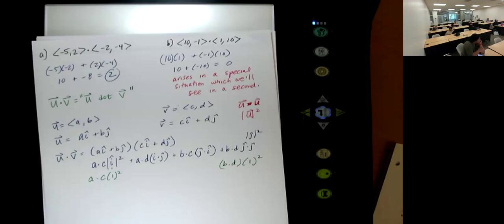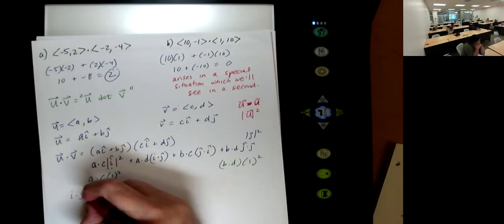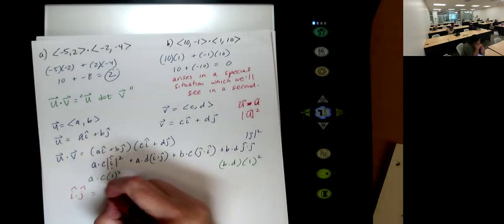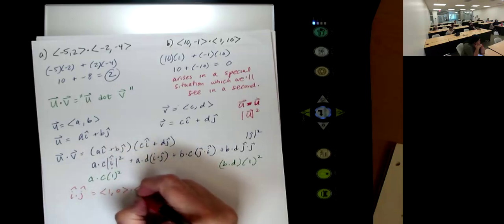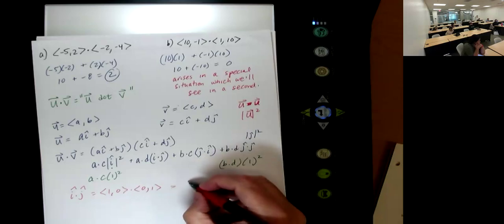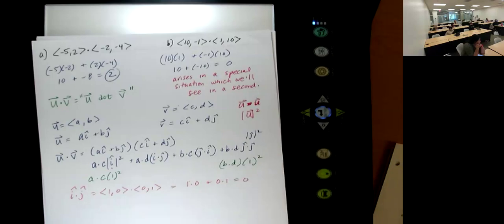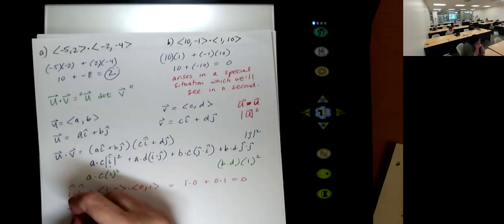What is i dot j and j dot i? (1, 0) times (0, 1) is 1 times 0 plus 0 times 1, which is 0. And the same thing happens with j dot i.